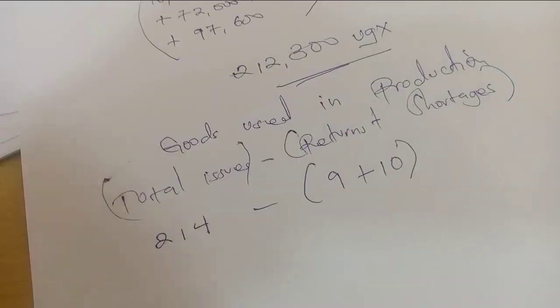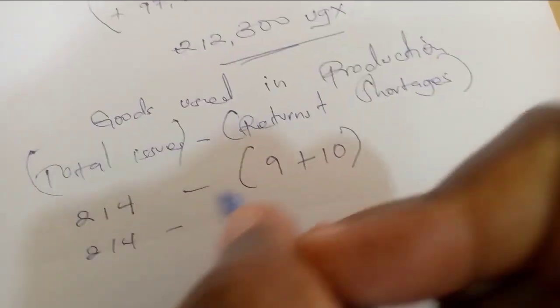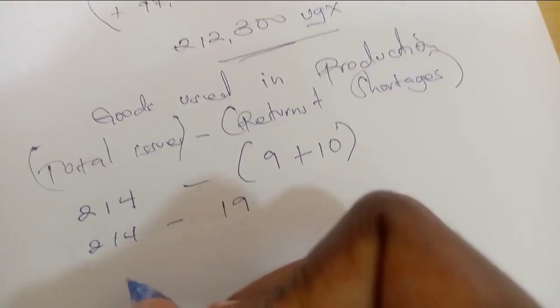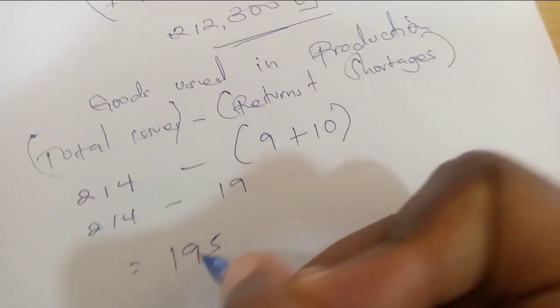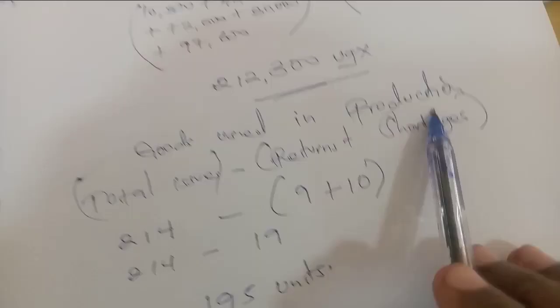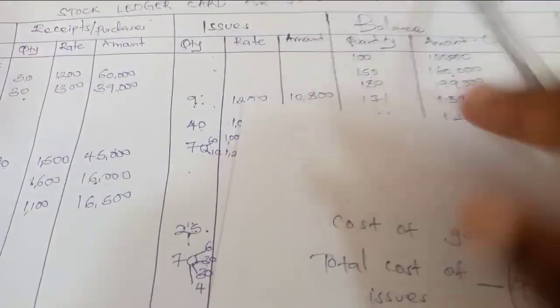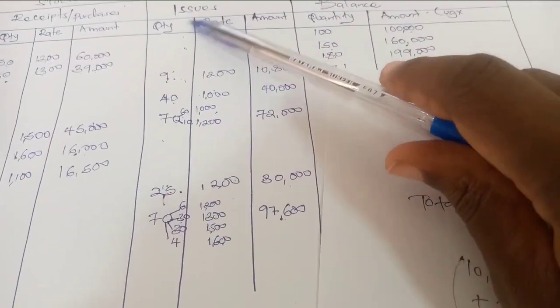So 214 minus 19, it is 195 units. So these are the goods that were used in production. So for the goods, you just use this column of quantity. Then for the cost, you use the column of amount.